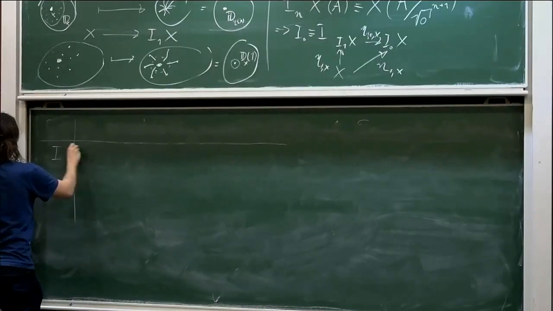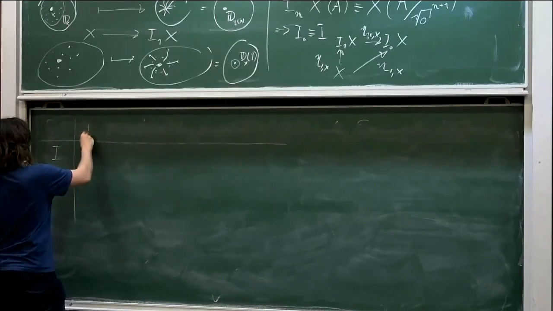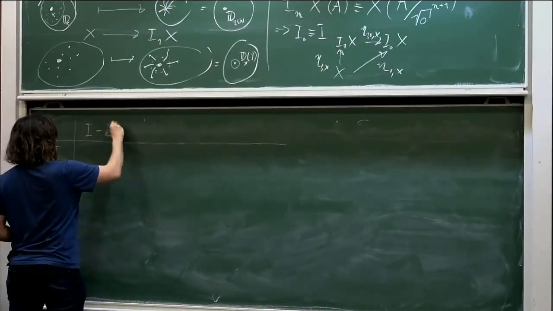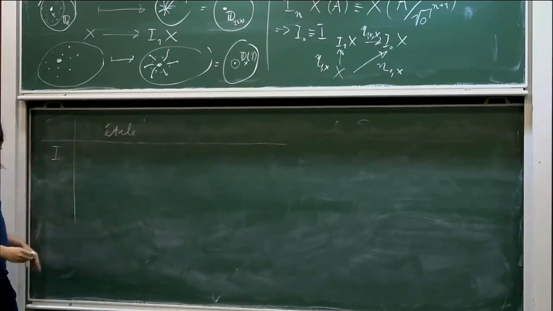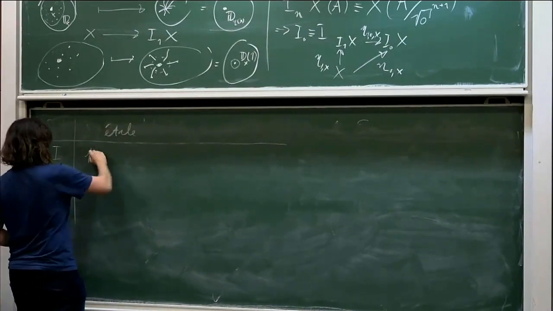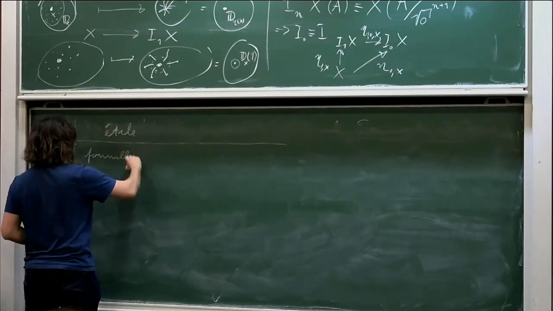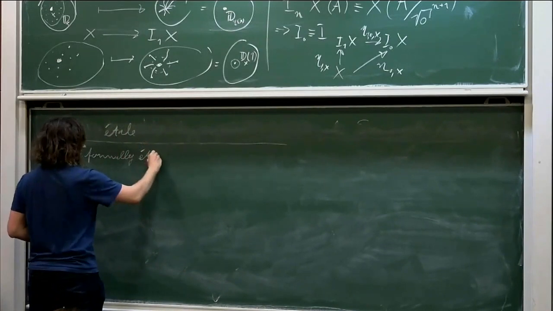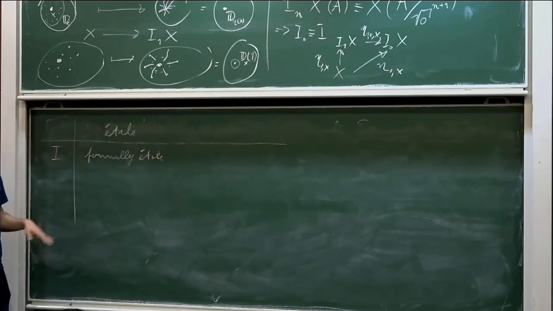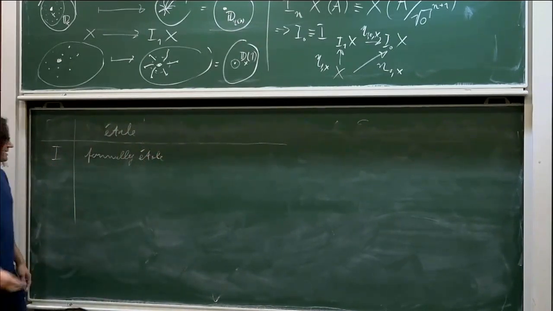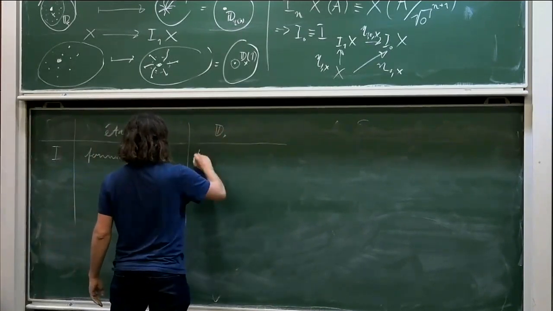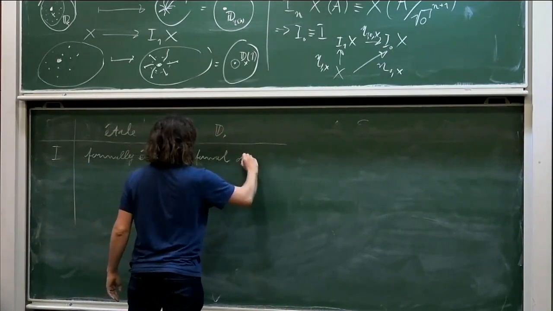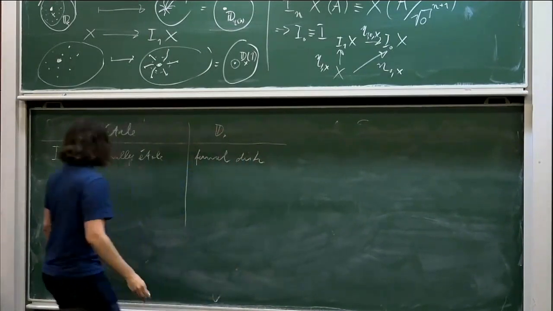So I can just make this more clean and tell you what we know so far. For modality, in this case, some asterisk, and maybe that's how you should read the whole table. This is formally étale, and this dx is a formal disk.